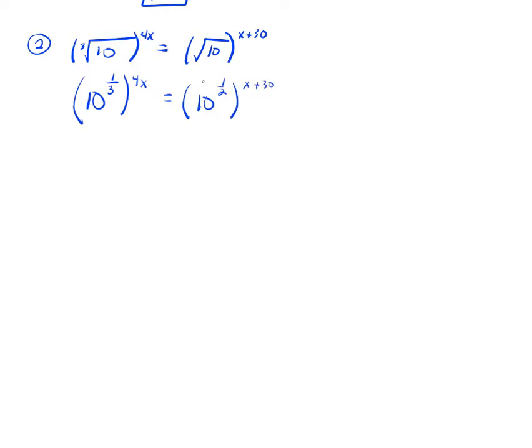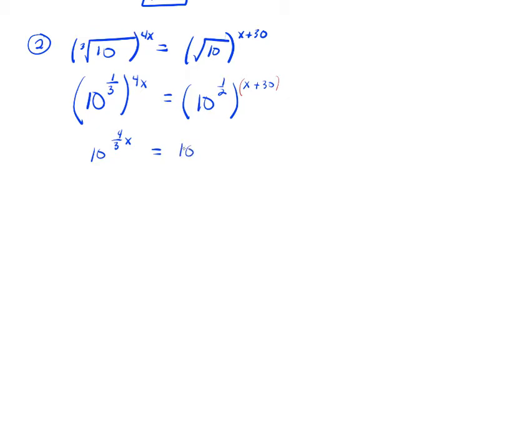Now, what I'm thinking here is, oh, here's where some people make errors. This is our grouping symbol, so I want to think about that right here in this spot before I move on. So 10 to the 1/3 times 4x would be 4/3 x.